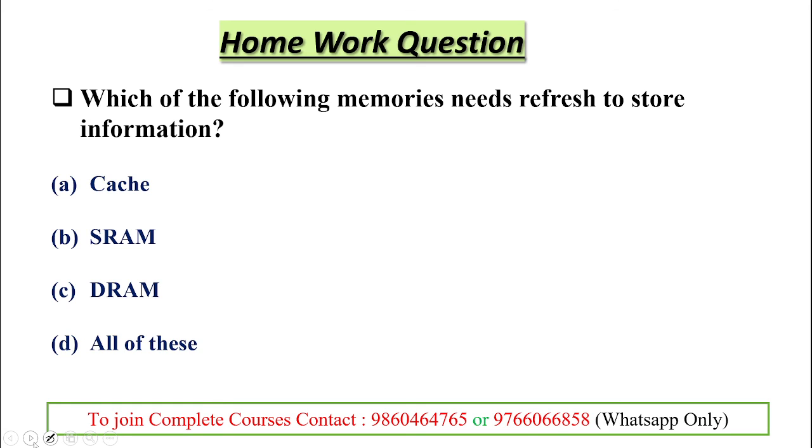Then the homework question: which of the following memories needs refreshing to store information. In the last class we dealt with computer memory and discussed various memories, RAM, ROM, etc. Under RAM come two important classifications, SRAM and DRAM. SRAM is more powerful than DRAM and very expensive. DRAM is less expensive but its processing speed is low, and it needs refreshing to store information.